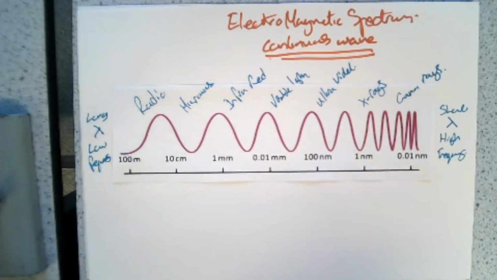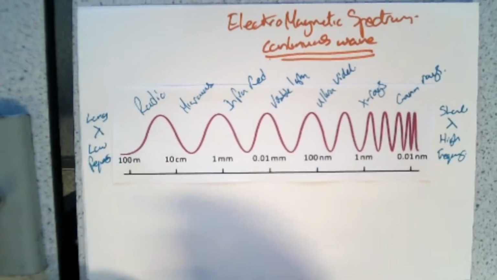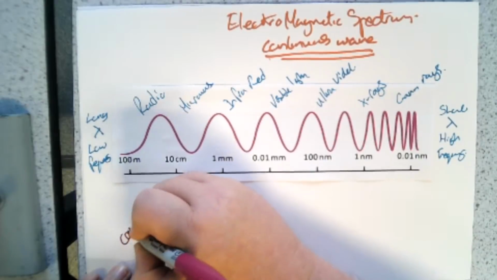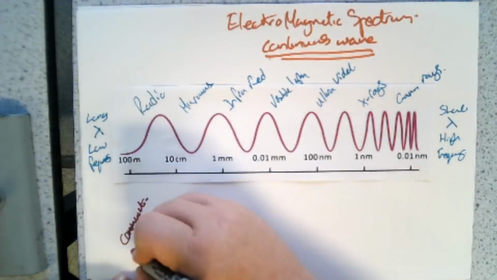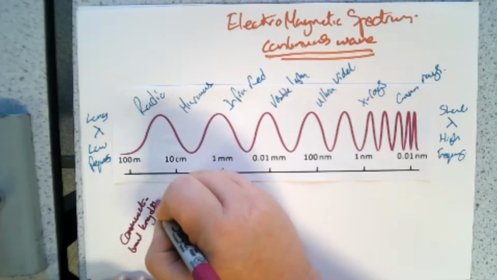Now, we also need to know what each part of the electromagnetic spectrum is used for. If we think about radio waves, they have a long wavelength. That's one of its properties. We use them for communication, and we use them because they're able to travel long distances.